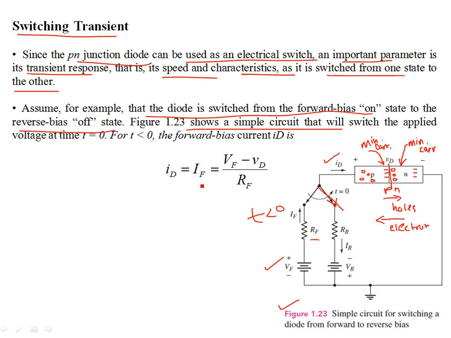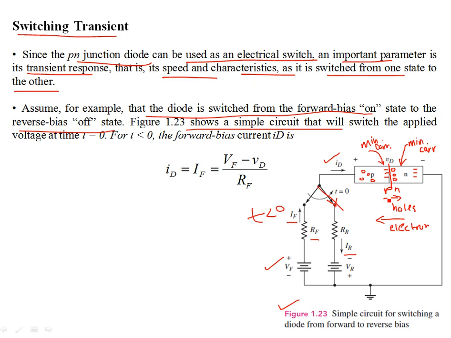The point to mention here is that the reversal of the current from IF, the forward bias junction current when the PN diode is forward biased, is not going to instantly switch to IR, because of the minority carrier concentration which was initially diffused by applying VF across the junction.